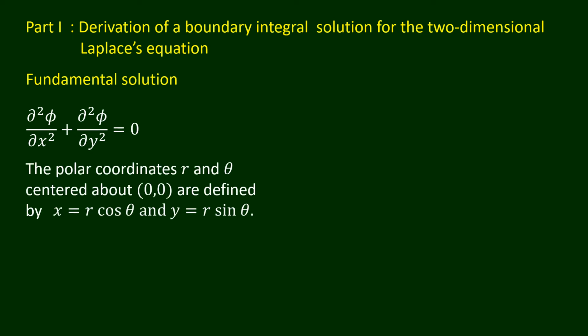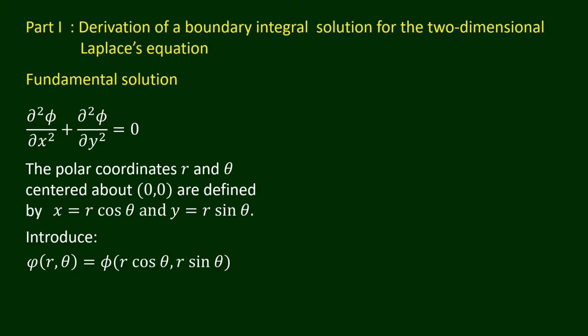The polar coordinates r and theta, centered about the point (0, 0), are related to the Cartesian coordinates x and y by x = r cos θ and y = r sin θ. We introduce the function ψ(r, θ) = φ(r cos θ, r sin θ).